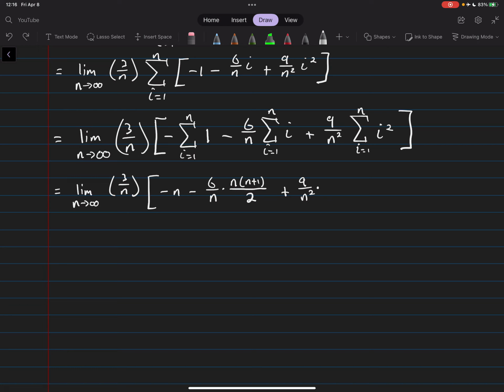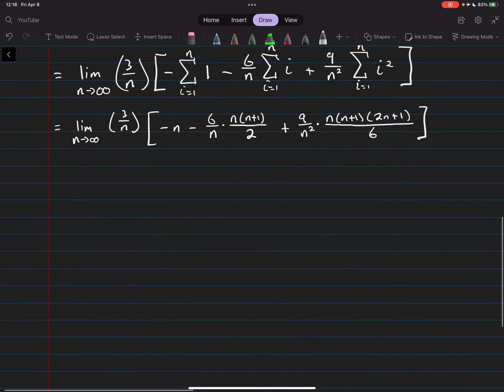As long as it's legal to put it in there and you're not grouping something that's not supposed to be grouped, then you're fine. So then we have 9 over n squared times n plus 1 times 2n plus 1 all over 6. And then close parentheses, bracket, whatever you're using. All right, so next line down, we're going to do a little simplification.